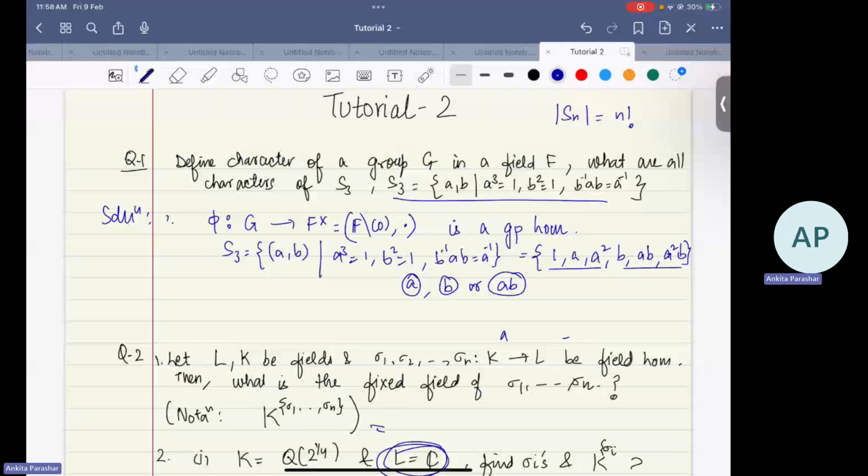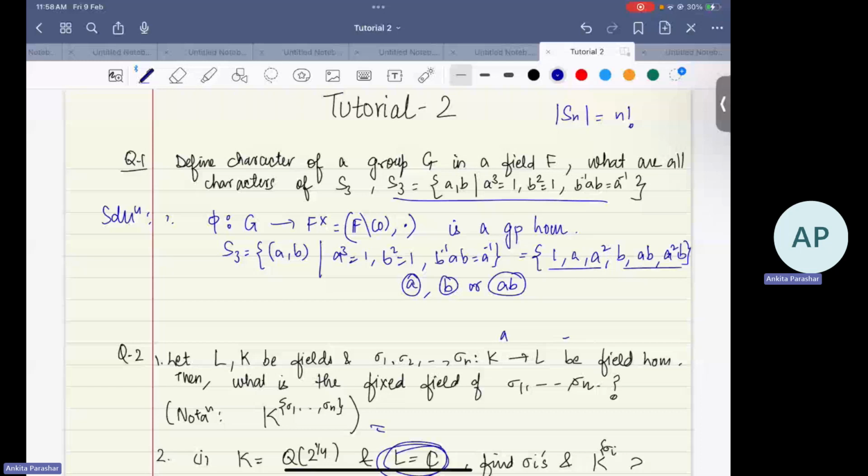All right. So you might have thought by now that this is nothing but all those elements alpha in the field K, from where your sigmas are defined. This is the domain set. All those elements from K which are fixed under every such field homomorphism.